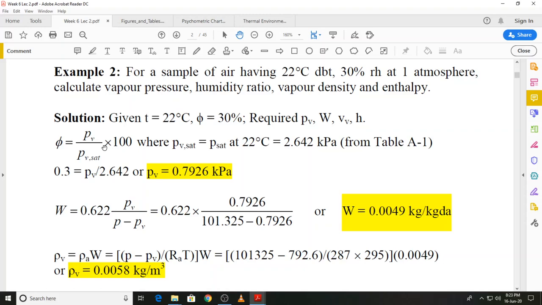The expression for relative humidity as before is PV upon PV sat into 100% as a percentage. So phi is given as 30%, and what we can do is first find PV sat from the given dry bulb temperature. So P sat at 22°C will give us PV sat, and again that is obtained from table A1.